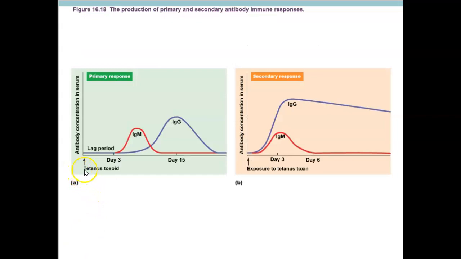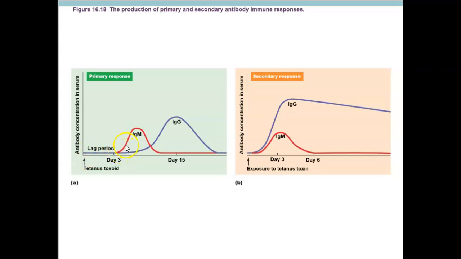This is what happens if we immunize someone for tetanus, give them the toxoid, wait, and measure periodically whether there is any antibody in the blood of the individual. We test them every so often, and it's after day 3 before we even see any.